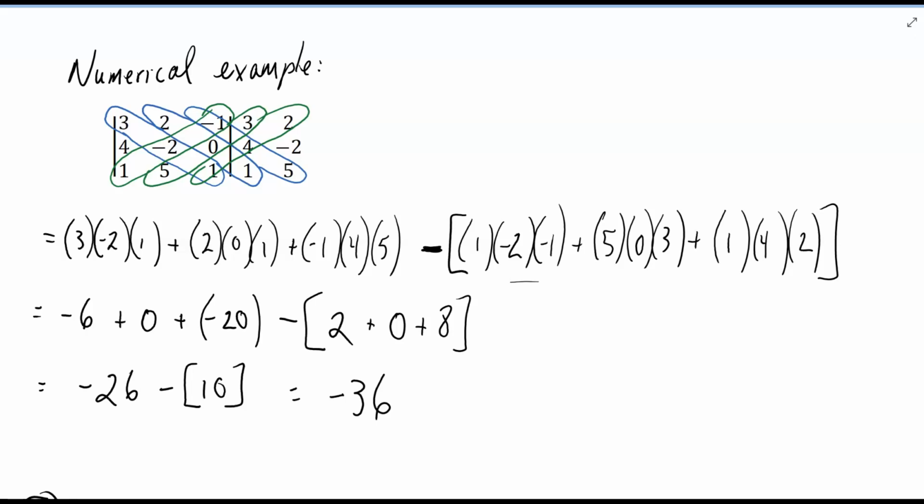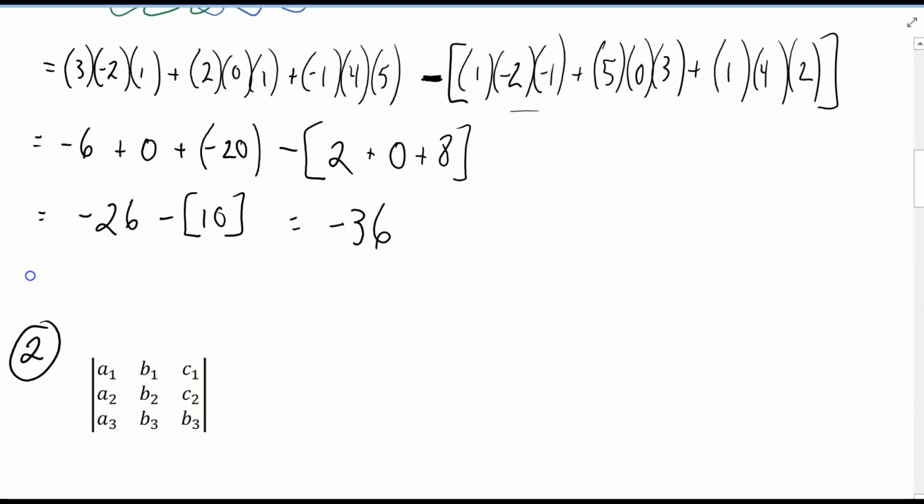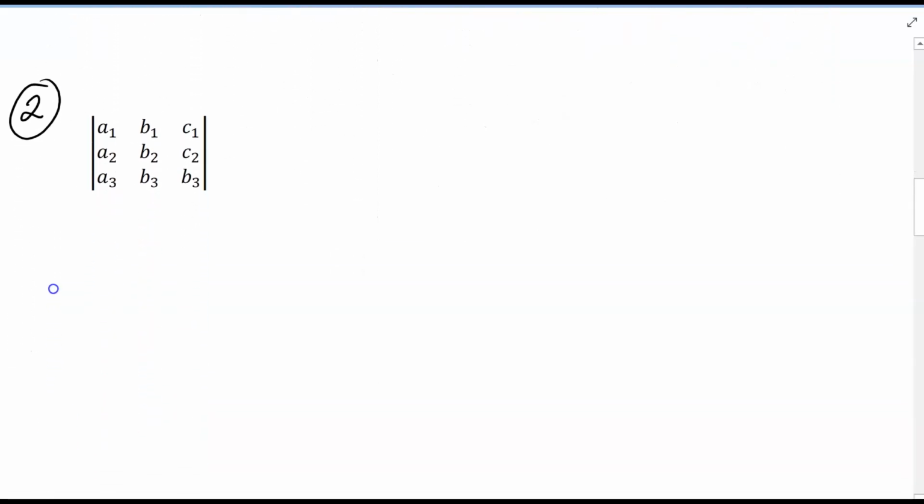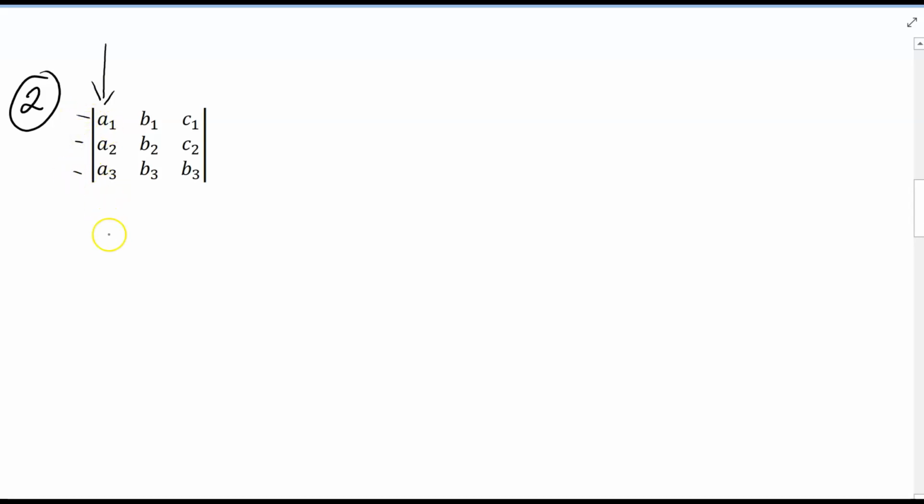Okay, now just in case someone is thinking maybe there's another way and they want to see a different way, or they've learned another way but they can't quite remember it, I want to show you the second method that I know of. And it involves taking a look at the first column. I am going to take each of these values separately and multiply by the leftover 2 by 2.